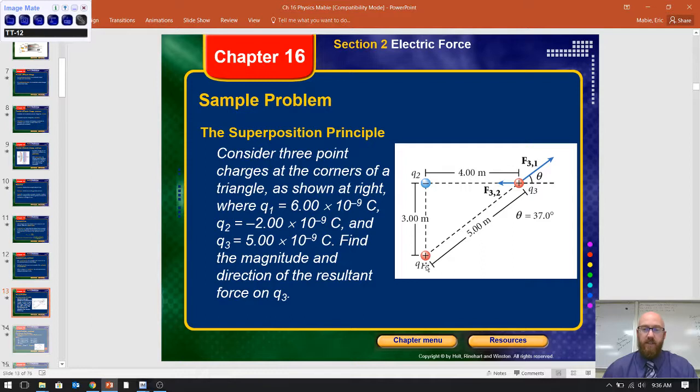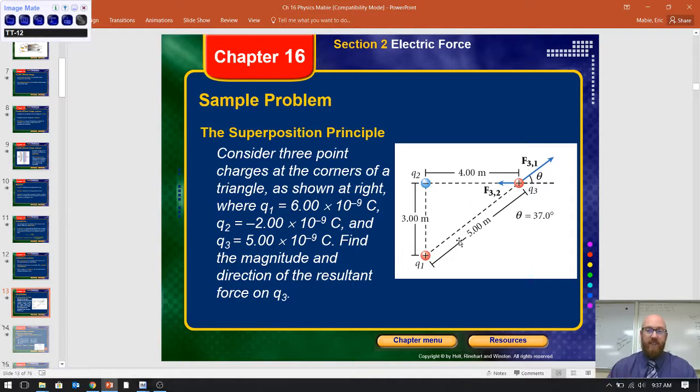If you look at the diagram, Q1 is a positive red, Q3 is a positive, there it is right there, and Q2 is a negative. Now, before you start adding any of the numbers or distances, you need to figure out what we're looking at. In this case, I have three charges: one negative, two positive.